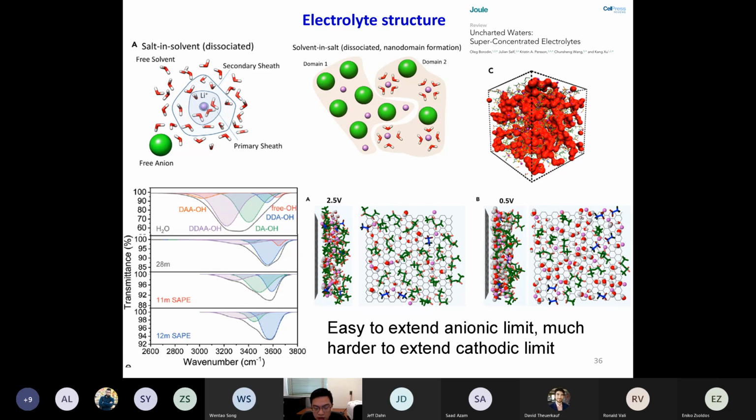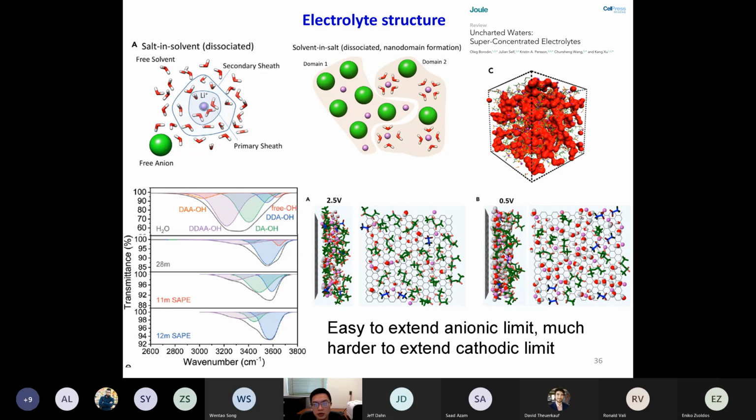But we have done a lot of measurements at Argonne National Lab with this kind of water-in-salt electrolyte. Every time we use X-ray diffraction, instead of diffraction rings, we can still see spots in the diffraction signals, which means you can still get some kind of order in this structure.